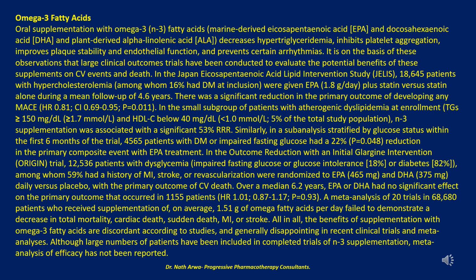Over a median 6.2 years, EPA or DHA had no significant effect on the primary outcome that occurred in 1155 patients, hazard ratio 1.01, 95% confidence interval 0.87 to 1.17, with a p-value equal to 0.93.